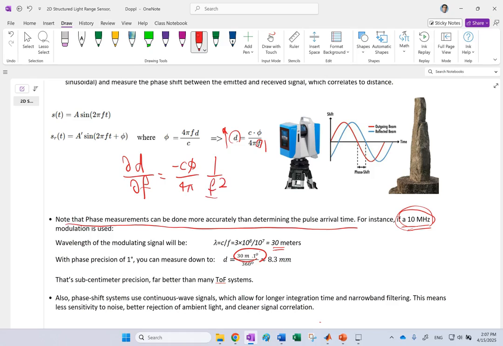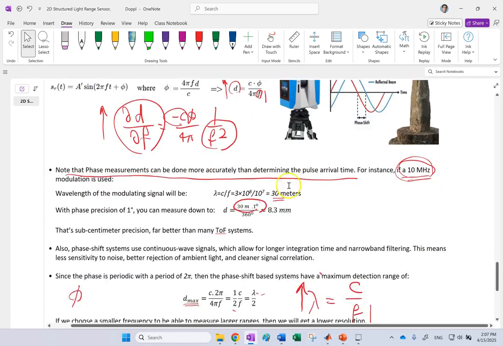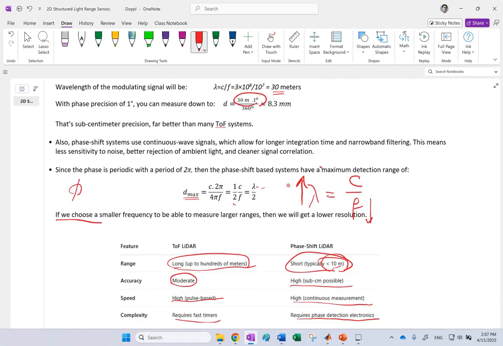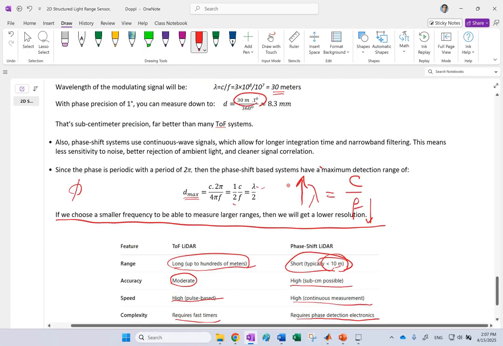So a smaller f, like 2 times smaller, makes this sensitivity 4 times bigger in a negative manner, and so you're going to lose your resolution. So your resolution of the device will be smaller. Although you can measure bigger ranges, you lose your resolution.